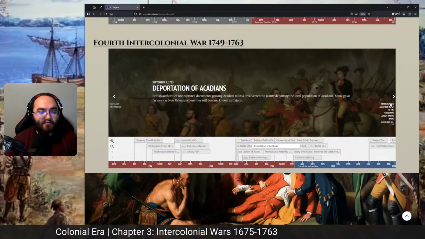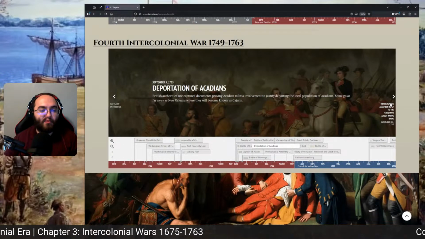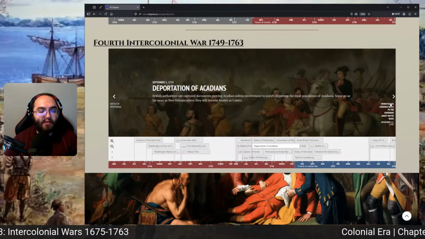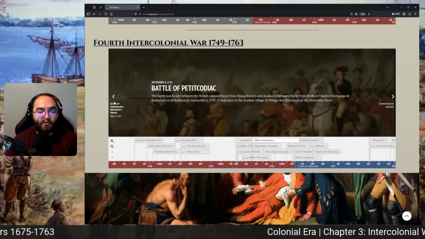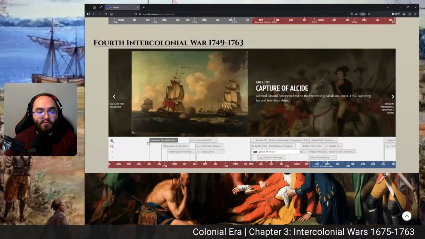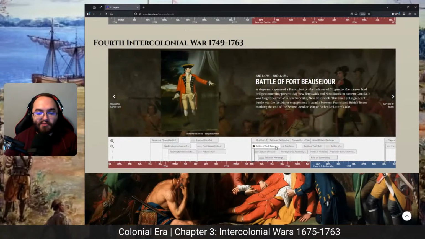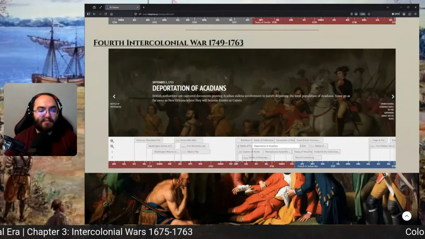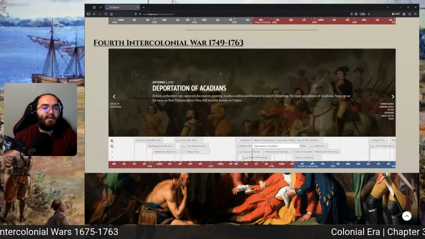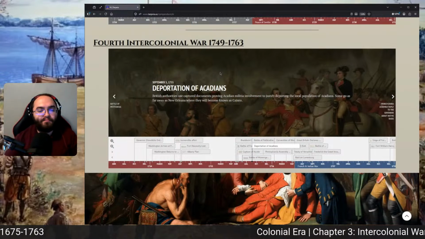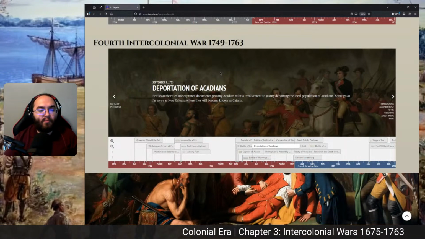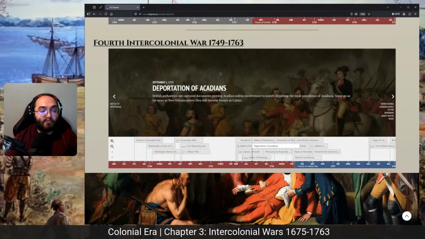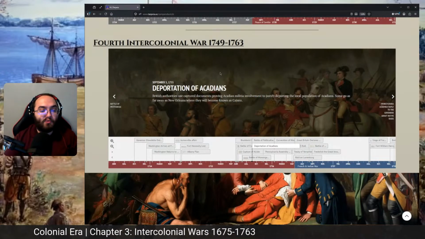And it is following this battle where you have the deportation of the Acadians, not just this battle, but also this successful battle over here. So the deportation of the Acadians, the French colonists in Acadia, modern-day Nova Scotia, and many of them will go as far south as New Orleans.